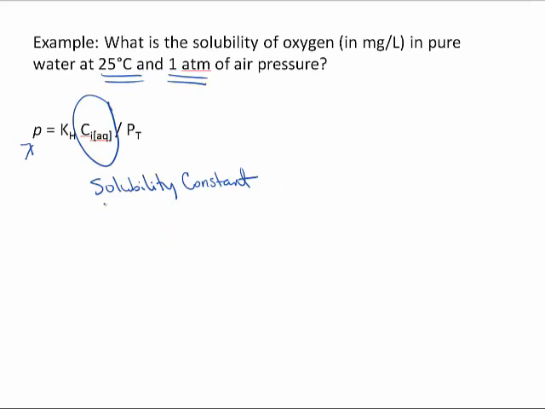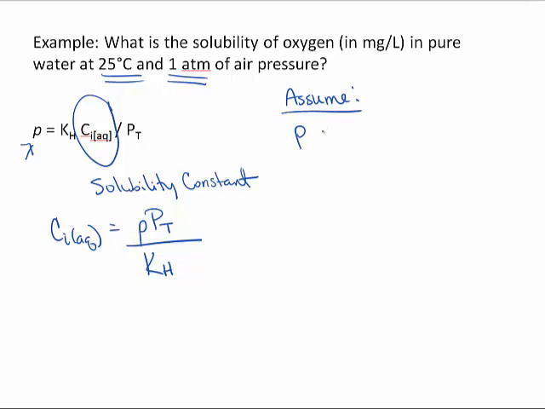We are trying to find the solubility in water, so we can rewrite this equation as Ci aqueous equals the percent volume times the total atmospheric pressure divided by the Henry's law constant. From the table, we can assume that the partial pressure of oxygen is 21% by volume. It's given that the total atmospheric pressure is 1 atm, and now we have to find the Henry's law constant.